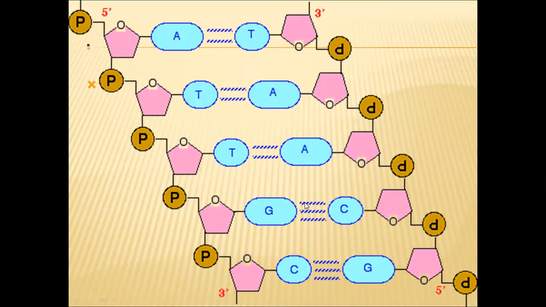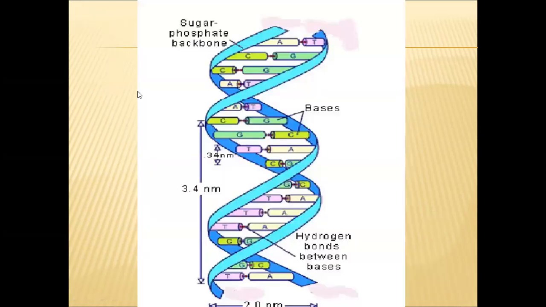Hydrogen bondings can easily be separated, or they can easily lose the bond, and they will allow both polynucleotide chains to separate from each other. But in a single polynucleotide chain, nucleotides cannot be separated from each other so easily. Why? Because phosphodiester bondings are very strong bondings.